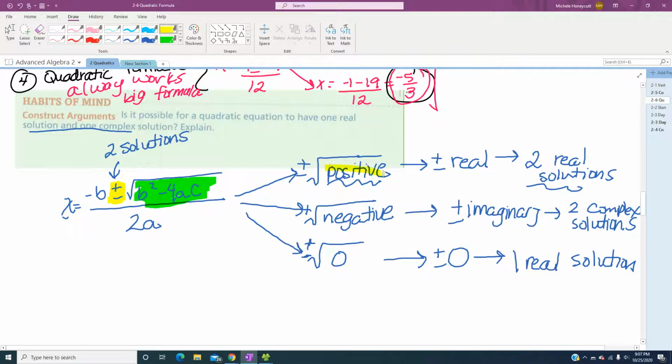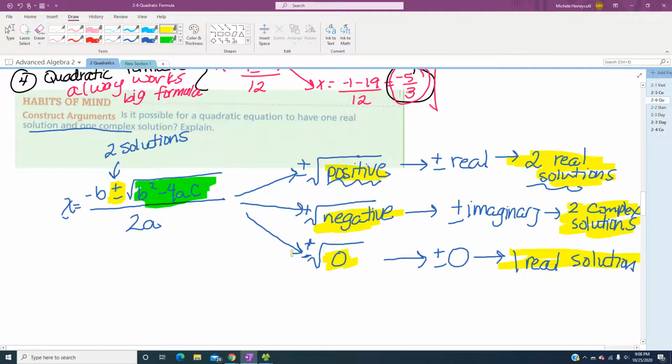Number under the square root is positive. That's going to lead me to two real solutions. If the number under the square root is negative, I'm going to have two complex solutions. And then if the number under the square root is 0, then I'm going to have one real solution.